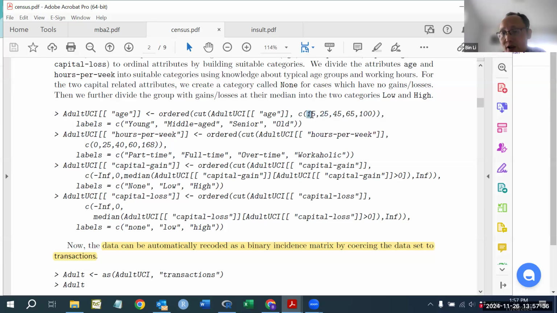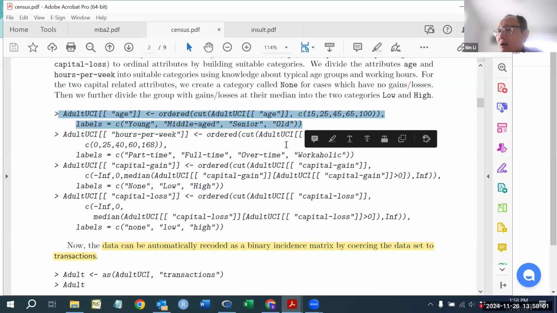So if it's between 15 and 25, we call it young. 25 to 45, middle age. 45 to 65, senior. 65 and above, 100 is the highest age, so it's called old. So now age becomes a categorical variable with young, middle age, senior, and old.